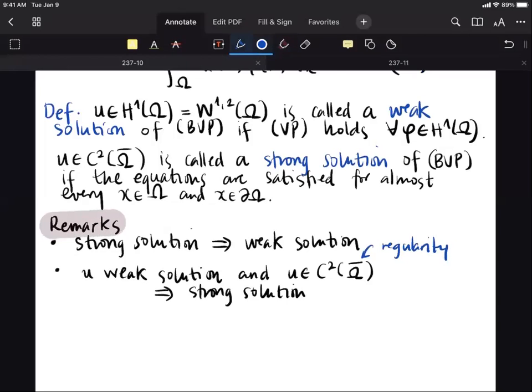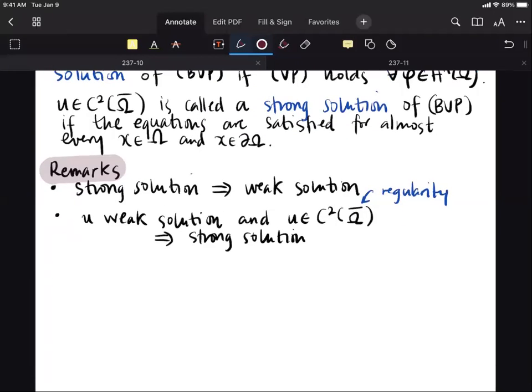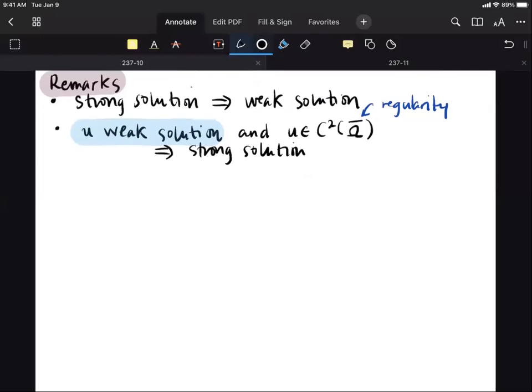So this is a very wide field in partial differential equations, but just to give you an idea, let us establish the existence of weak solutions. So here we will show the following. In fact, the weak solution is unique.